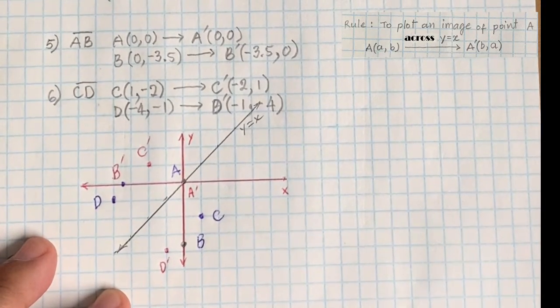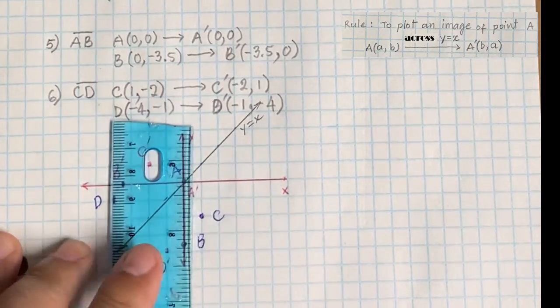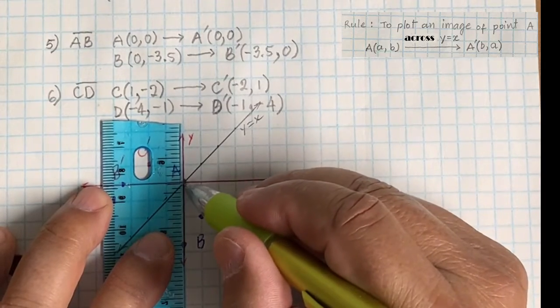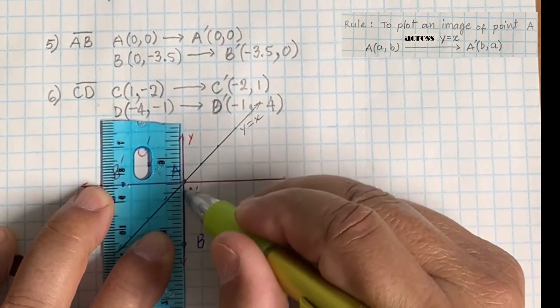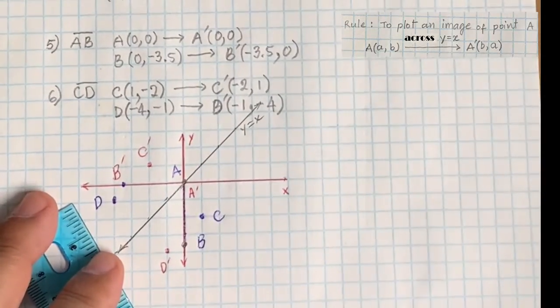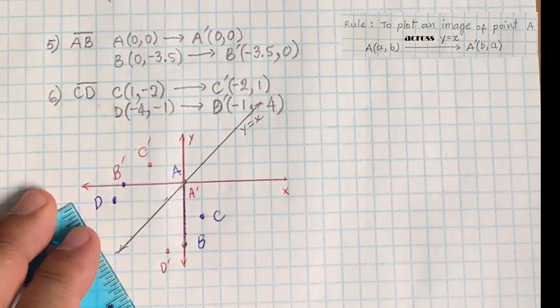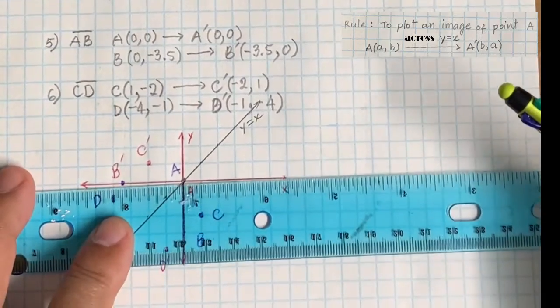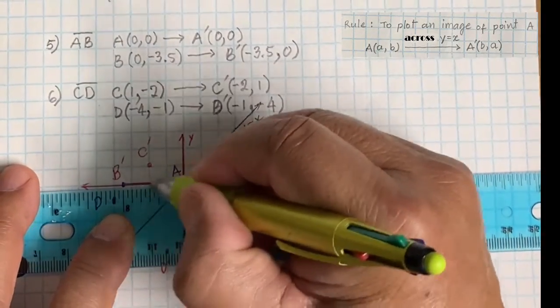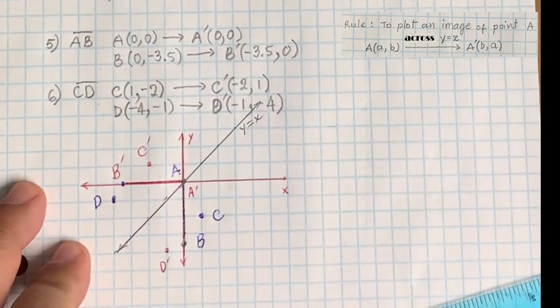Now let's connect A and B. A and B is this one right here. That is segment AB, right? Now segment A prime B prime is this one.